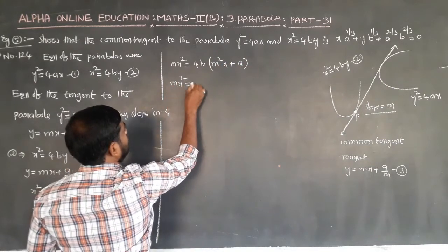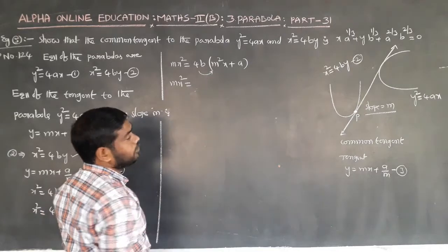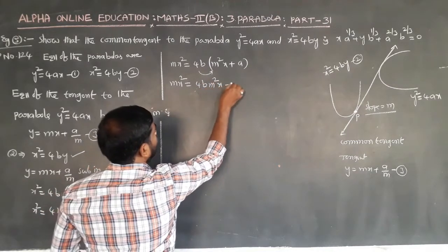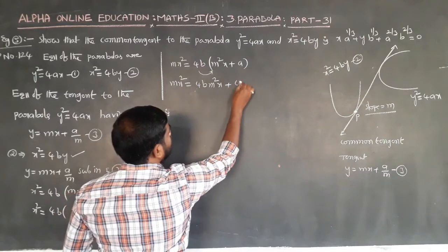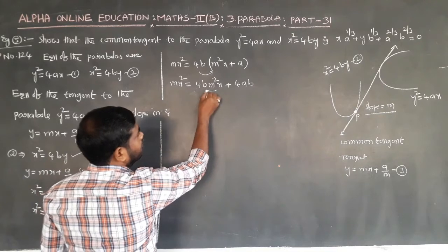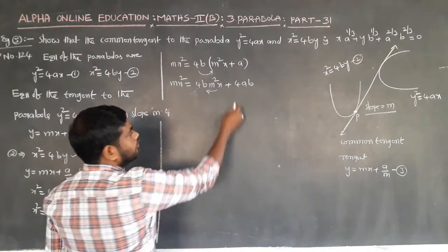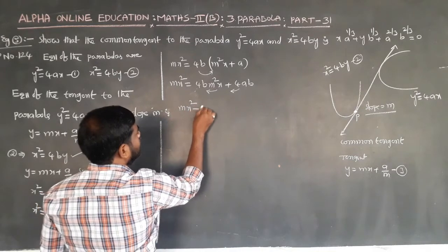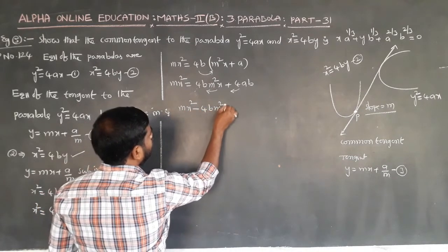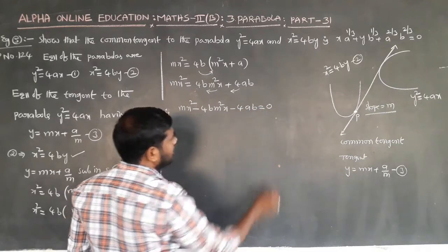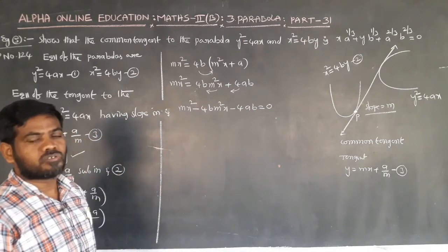mx square is equal to 4b m square x plus 4ab. Taking to the left side, mx square minus 4b m square x minus 4ab is equal to 0.